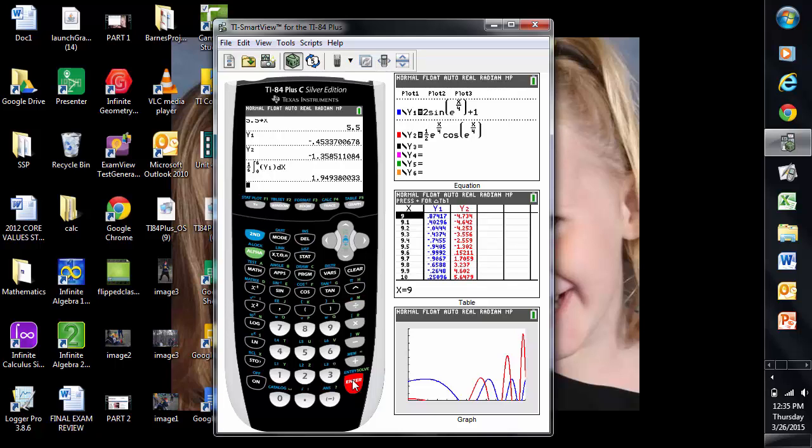Total distance traveled, well, we know that that's the absolute value of velocity, so the absolute value of the integral of velocity. So we're going to go math 9 again, from 0 to 6. This time I'm going to put in the absolute value signs and alpha trace. Mine's freezing now.